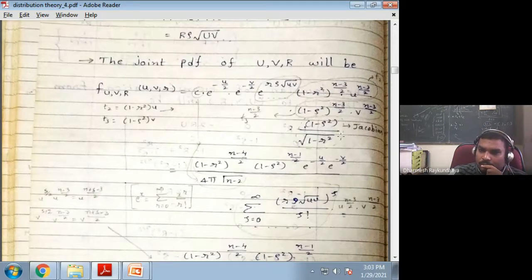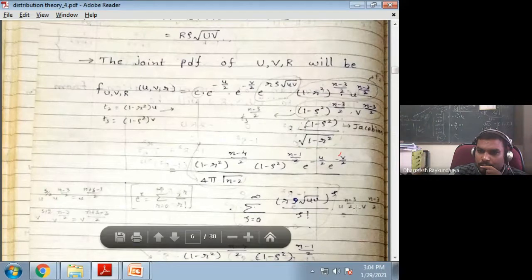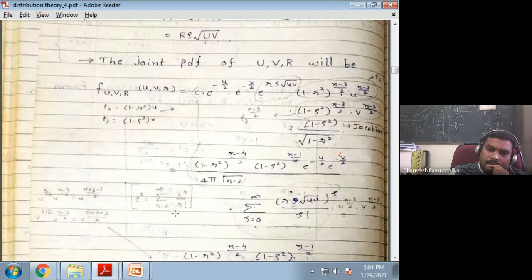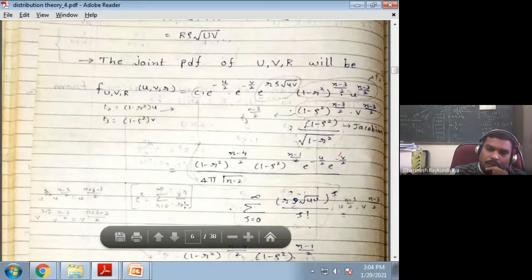So this is this. Now e raised to minus u by 2 is this, e raised to minus v by 2 is this. Now what quantity remains? This quantity. Okay, and u raised to n minus 3 by 2, this, but we know that e raised to x equals summation r equals 0 to infinity x raised to r upon r factorial.